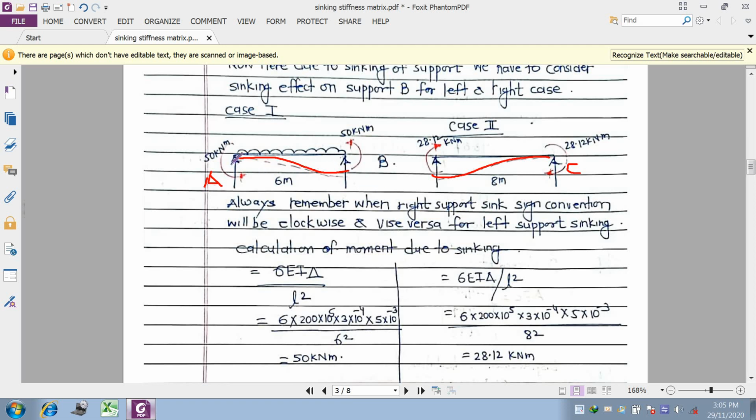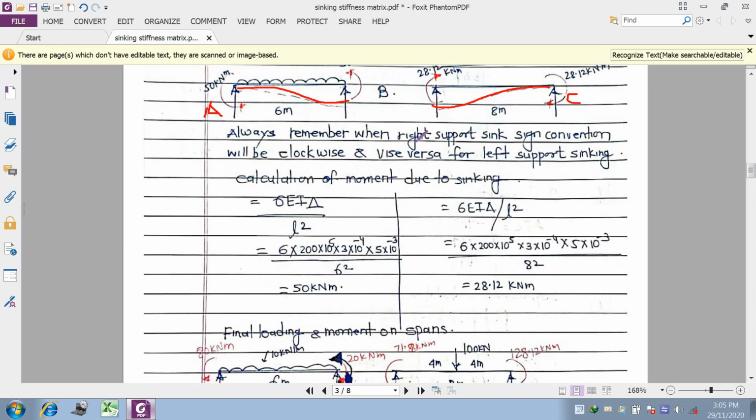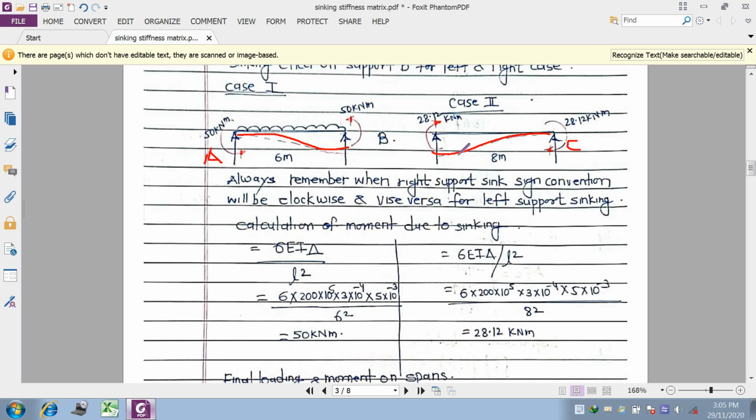Suppose the support is sinking towards the right side, then by default the sign convention for that span will be anti-clockwise, whereas for the leftward side the sign convention will always be clockwise. So by considering the leftward and rightward effect, we have to calculate the delta.